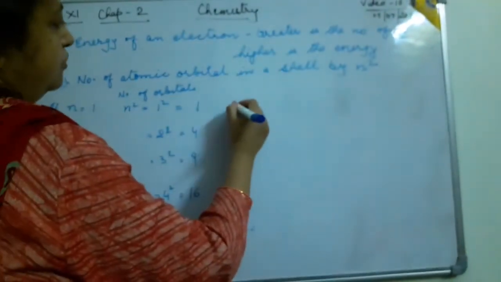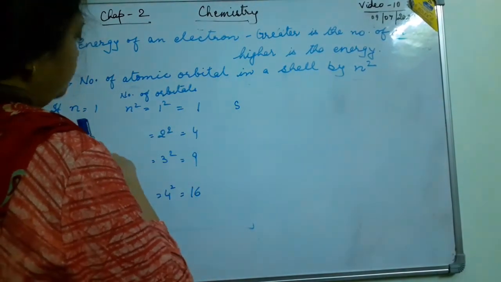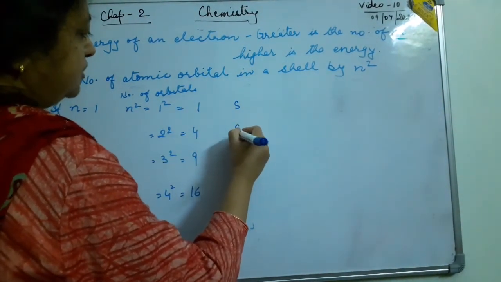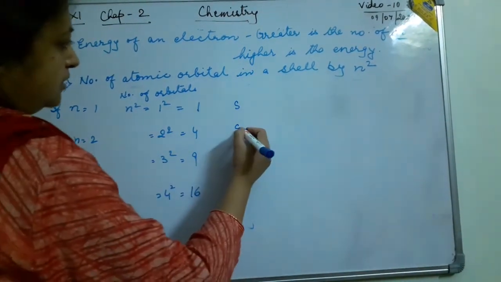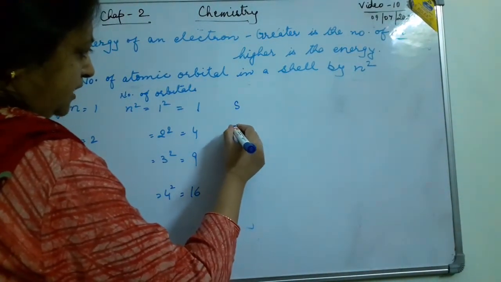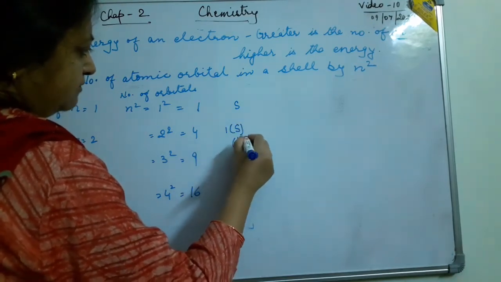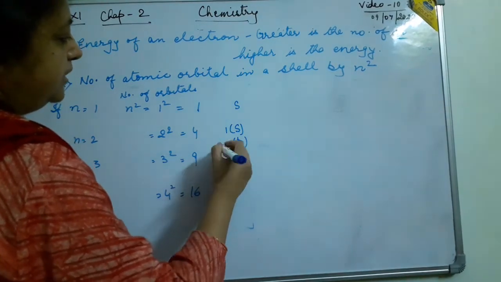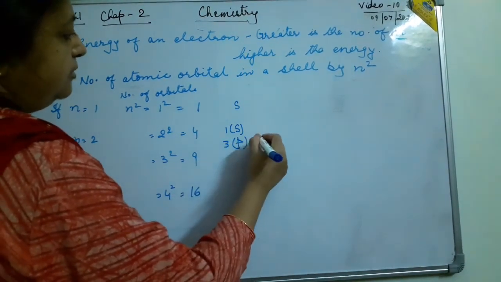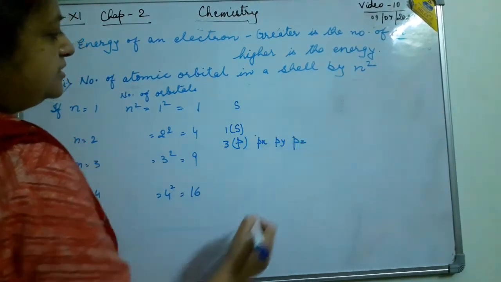For n equal to 1, only the s orbital is present. For n equal to 2, s and p both are present: 1 s and 3 p, meaning px, py and pz orbitals are present in it.